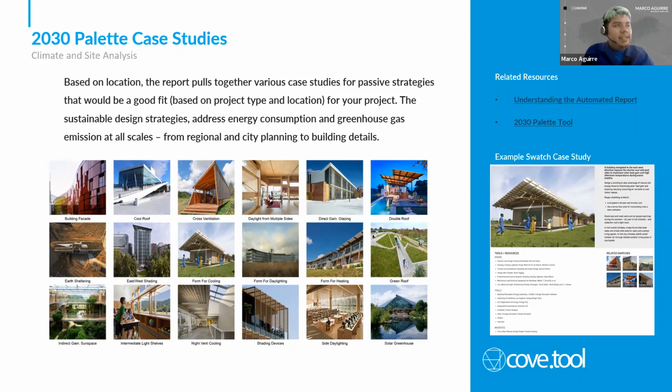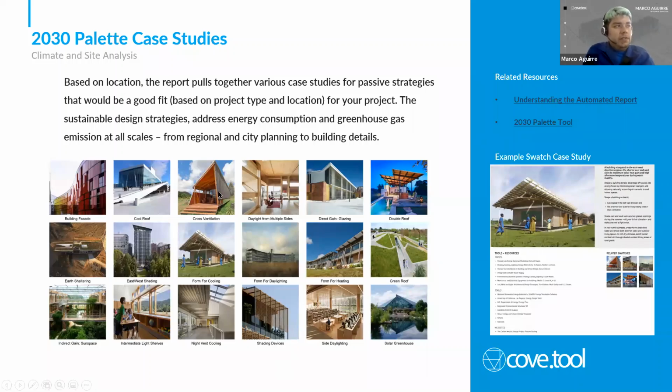I've described it as a kind of green building mood board and just trying to identify, this is an interesting strategy, is it something we can incorporate? And this climate report is going to select a series of strategies that work best for your location.